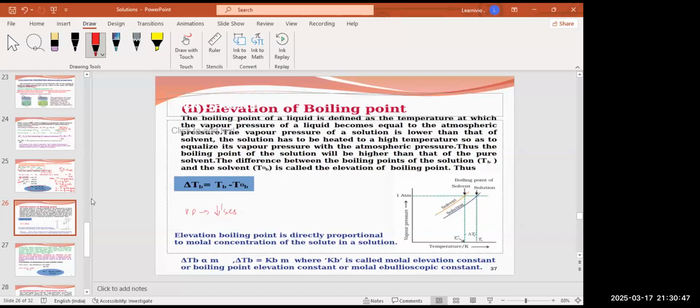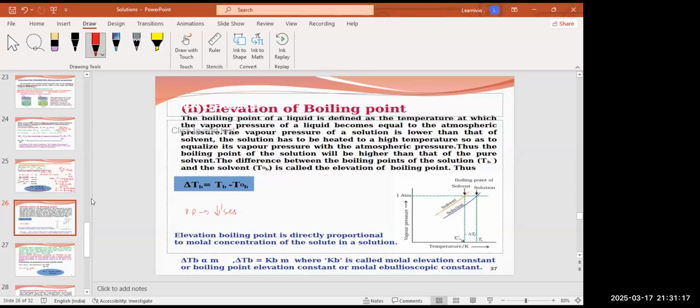Just see, I'm repeating it. When we add a non-volatile solute to a solvent, the boiling point of the solution gets higher, right? It is always higher than that of the pure solvent. The vapor pressure of the solvent decreases in the presence of a non-volatile solute, just remember that.